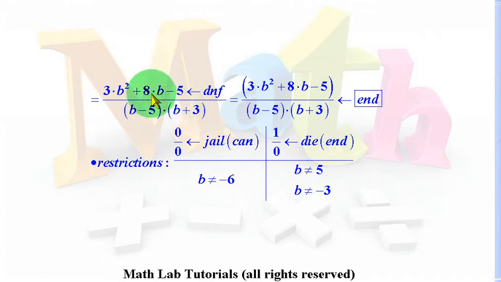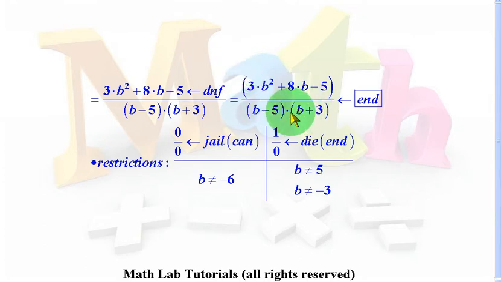But it turns out that this particular quadratic does not factor. We'll get into more about factoring quadratics in another video. Just take it from me at this point. So the final answer becomes 3b squared plus 8b minus 5 all over b minus 5, b plus 3. And we designate this to be the end of the problem.